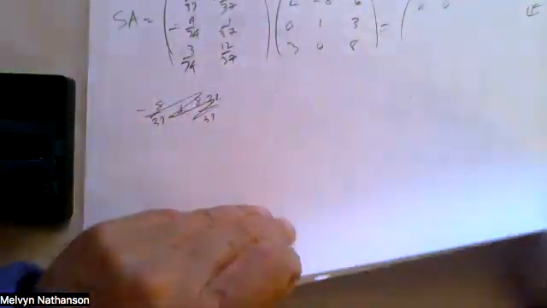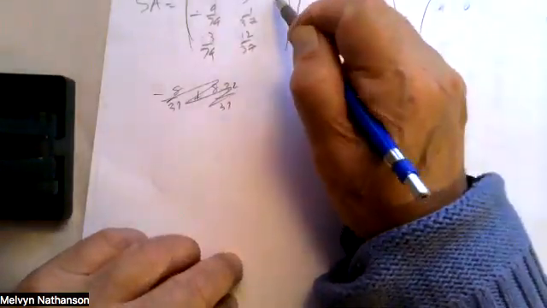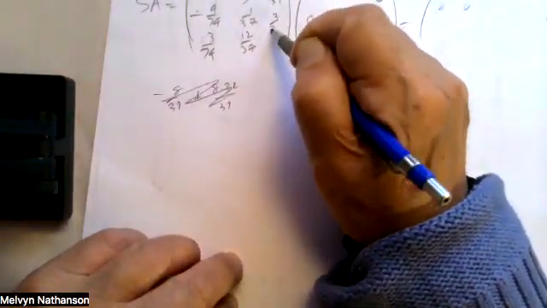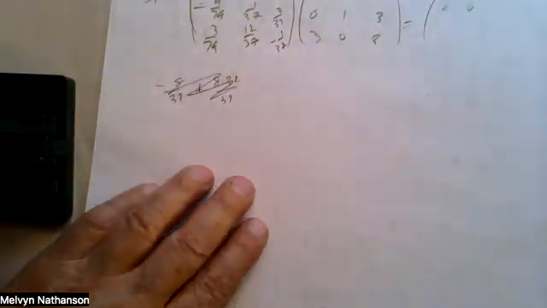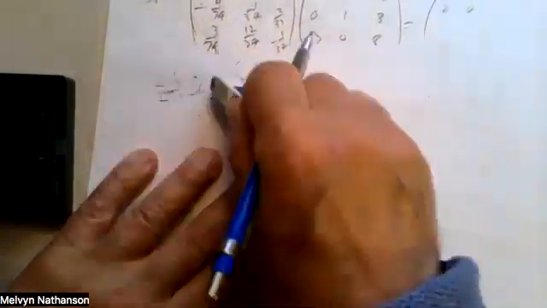So here, everything was okay, except that last column was 15 over 37, 3 over 37, minus 1 over 37. Now, let me try to calculate all this.